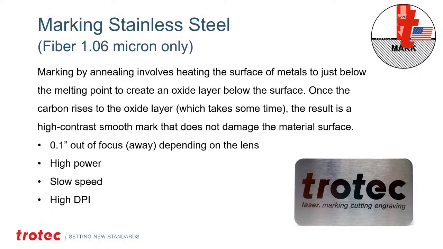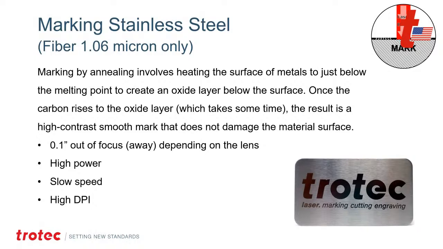Now, to do this requires some technique, typically about a tenth of an inch out of focus, because the way this works is we take the beam out of focus, away from the material slightly. This is more on the flatbed; you also take it about the same on the Galvo system. What this does is it broadens the beam out a little bit more to allow more heat to be raised from the graphic rather than engraving.